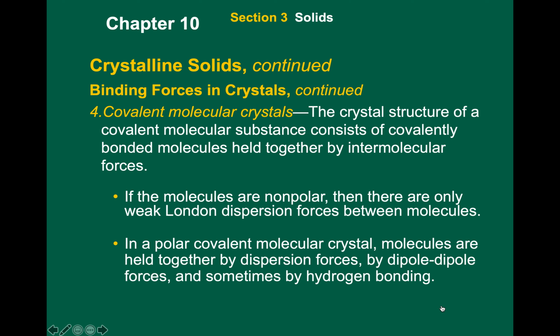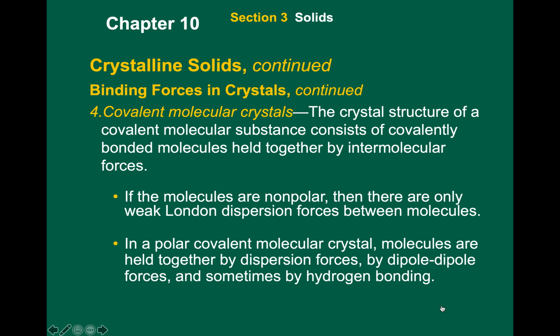So these are just made of non-metals, and these are going to be mostly held together by intermolecular forces. So these are covalently bonded molecules that are then connected to the next molecule by an intermolecular force, like the London dispersion force.